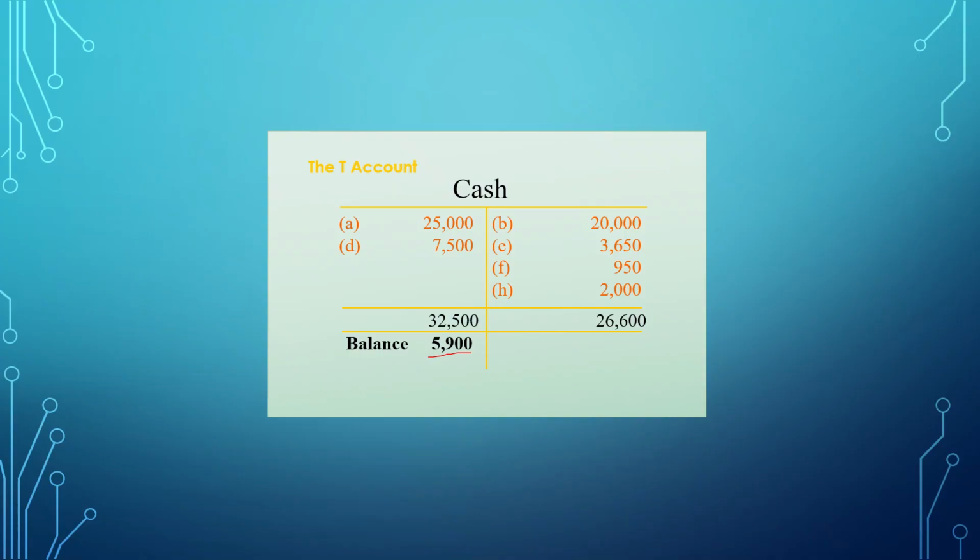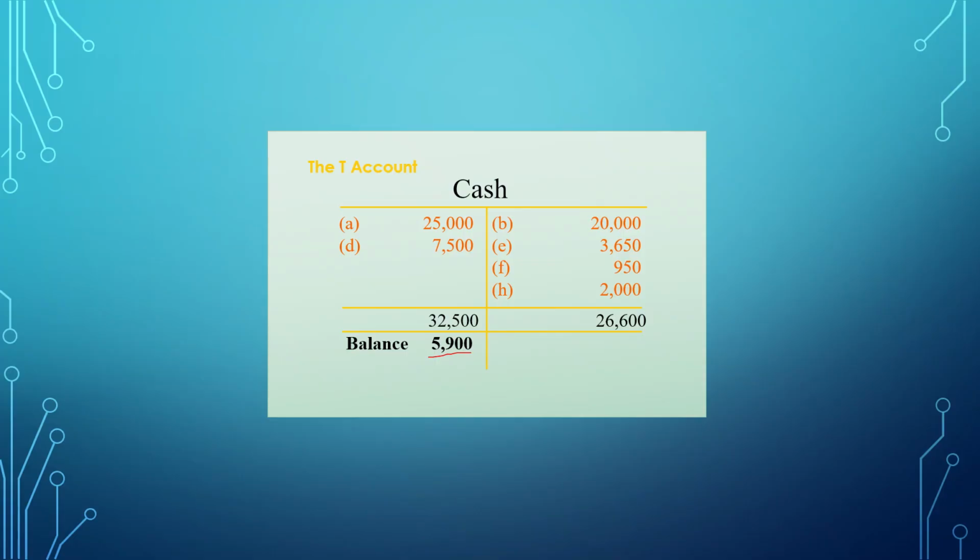So what will happen if we have a negative cash, for example, if credit is greater than debit? Then we place the balance on the credit side. Theoretically, it is possible to have a credit balance of cash, but practically, it is impossible because how can you pay more than what you have, right?